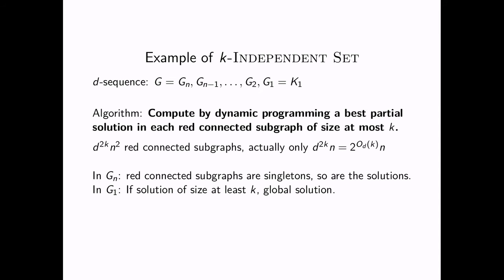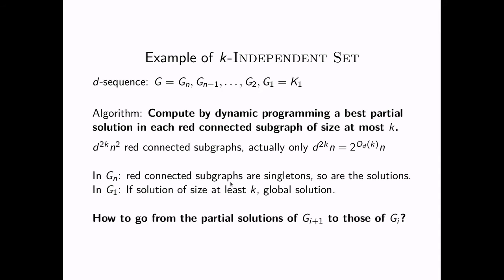Eventually, everything is merged into a single vertex, so if there is a solution of size k, we will want to find it in this unique vertex. So what we need to do is go from the partial solutions of G_{i+1} to the partial solutions of G_i. And if we can do this, we will be done.